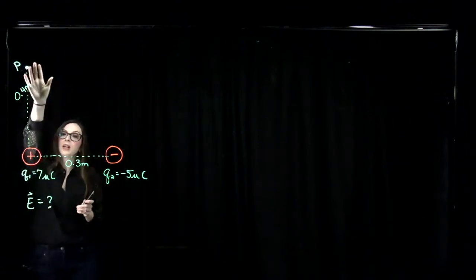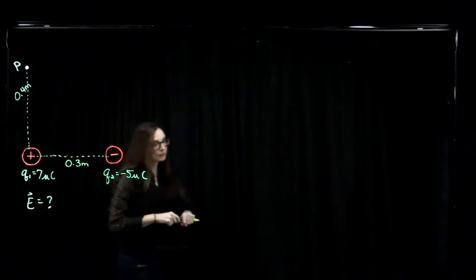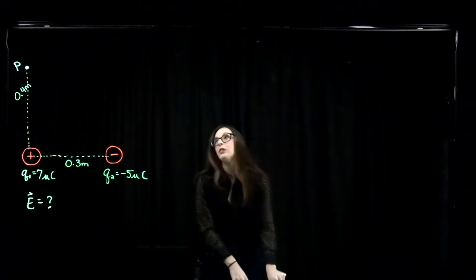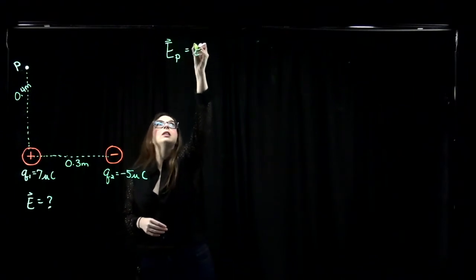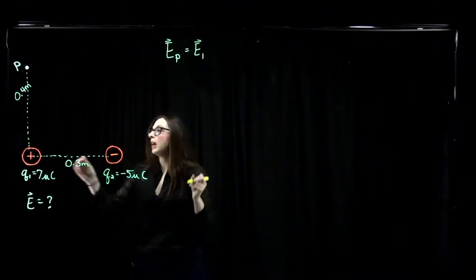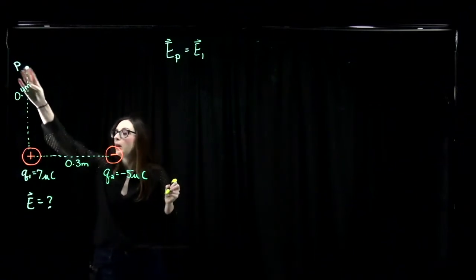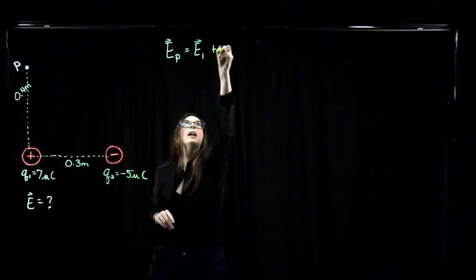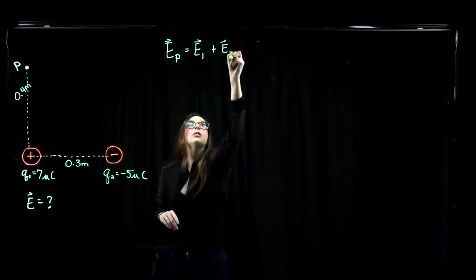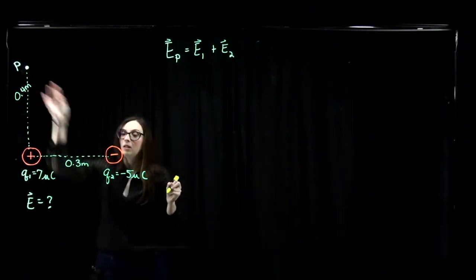So the electric field at point P here is going to be, maybe I'll just go ahead and write this equation first actually. The electric field at point P is going to be the sum of the electric field at point P from Q1 and the electric field at point P from Q2.